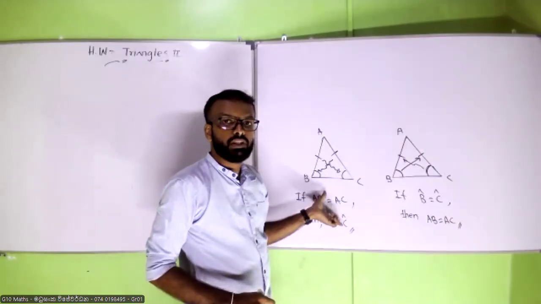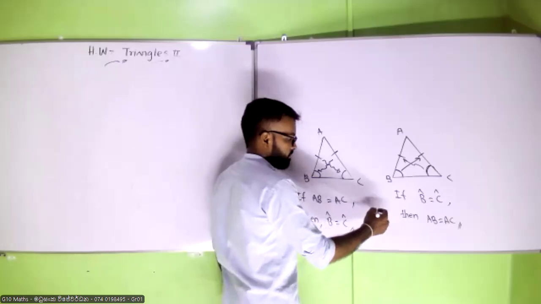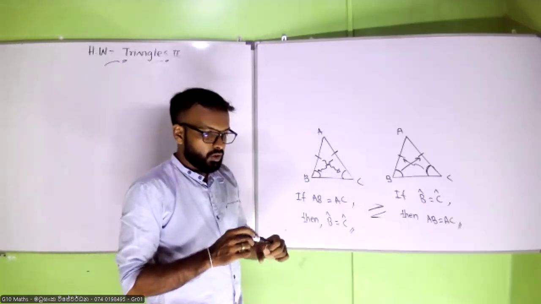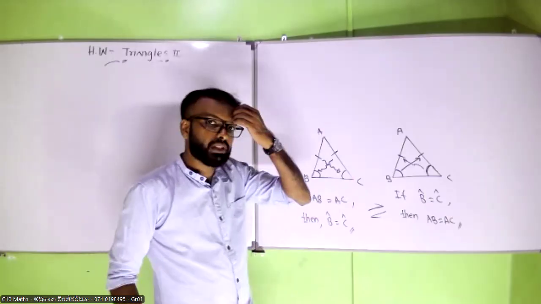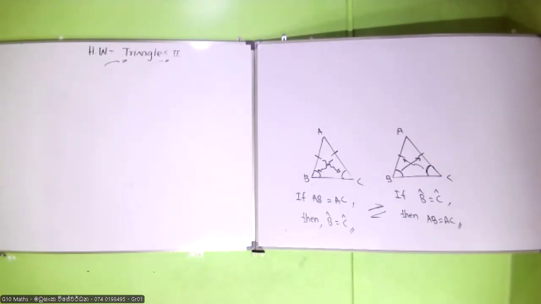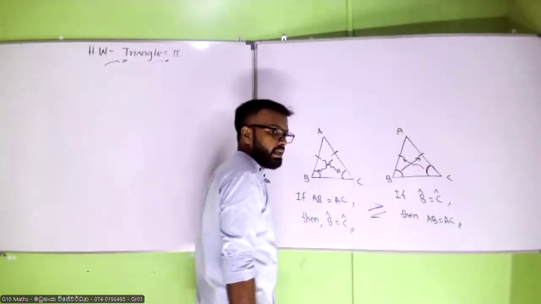This is the converse of this. Alright. Right? Two ways, both ways are correct. So this is the converse that we are going to learn now.